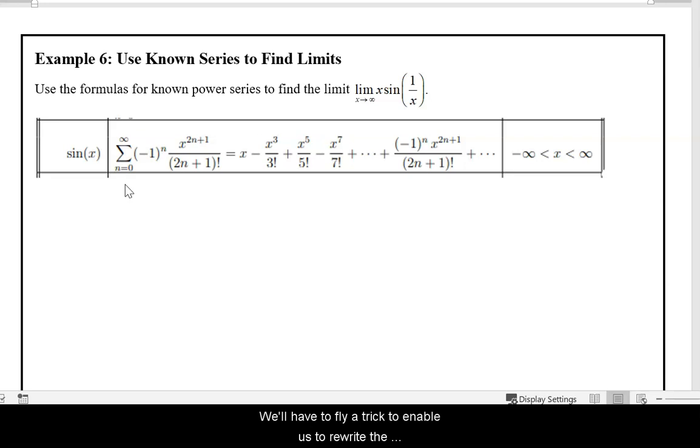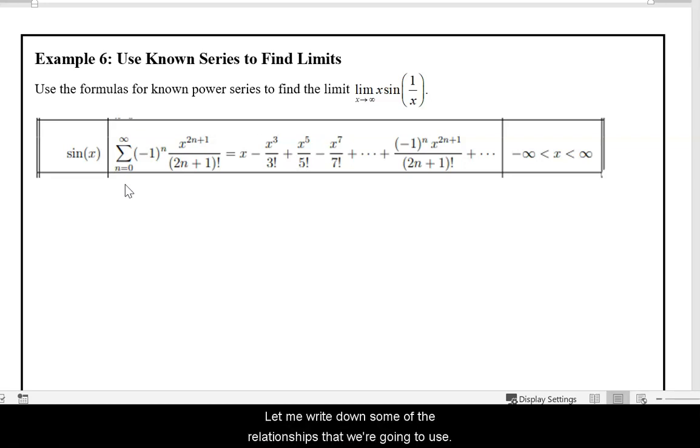We'll have to apply a trick to enable us to rewrite the center so that it is something we can compute. Since we have the known power series for sine centered at 0, we want to replace the x approaching infinity with some dummy variable called a parameter, which is instead going to approach 0. In that way, we can make the limit approach the same value that is the center of the series.